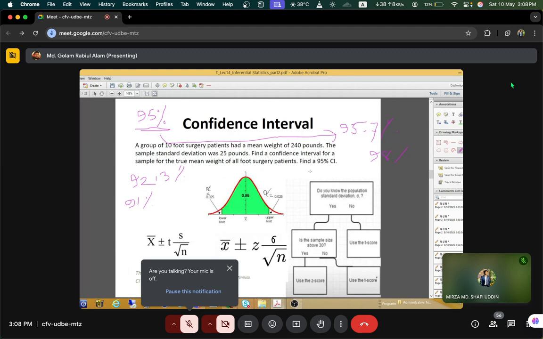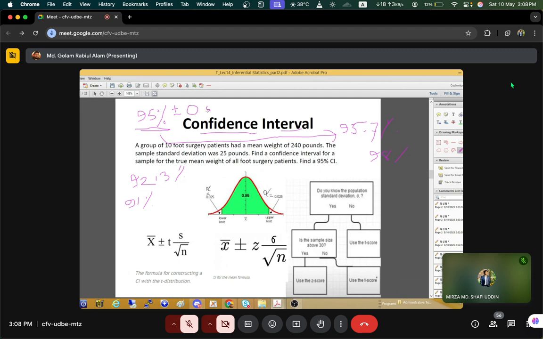But if you claim that your result is 95%, on that case you have to think about the confidence interval for that. The confidence interval means 95% plus minus something you have to add here. That is the SE, some kind of error you have.